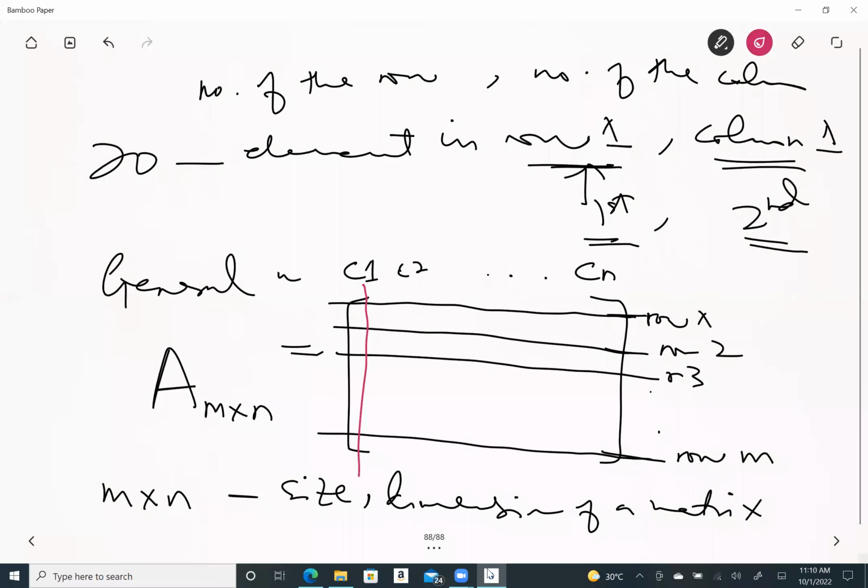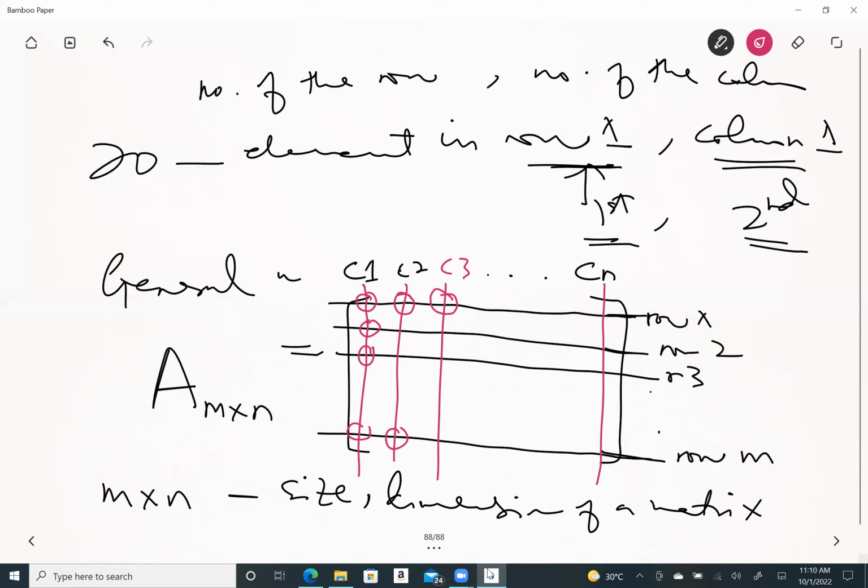That's column 1, column 2, column 3, and that's column N. So you have every element: row 1, column 1, row 1, column 2, row 1, column 3, and so on, and of course all the elements here.